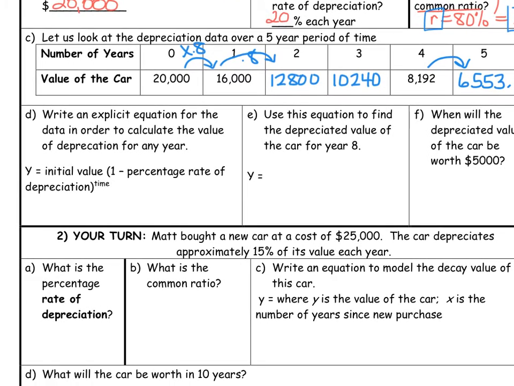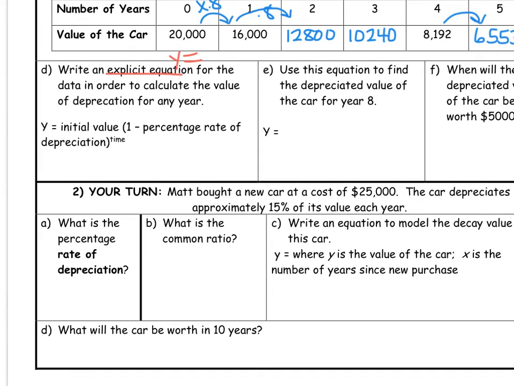So if we wanted to write an explicit equation, by explicit we mean a y equals equation, to calculate the value of the car for any year, then it's going to be our initial value, which is A, times 1 minus the percent rate of depreciation, to the power x.